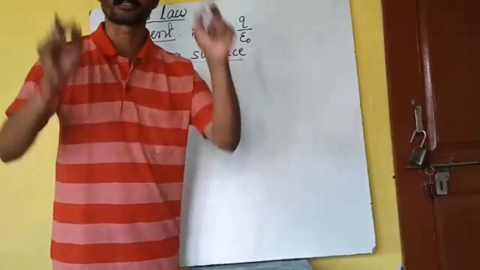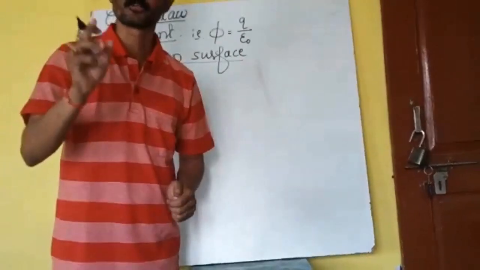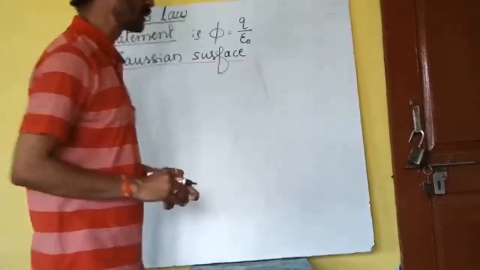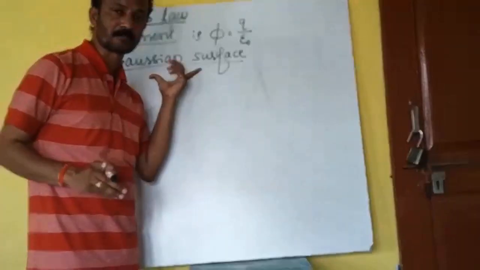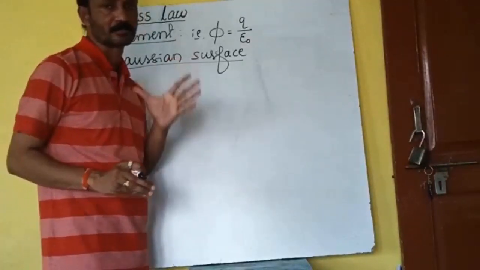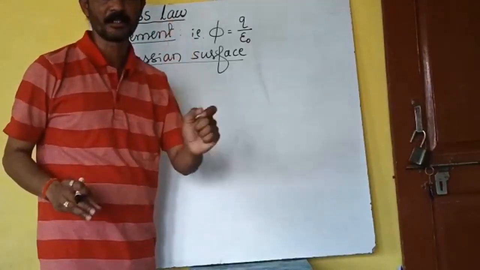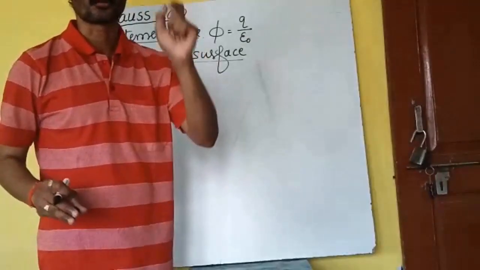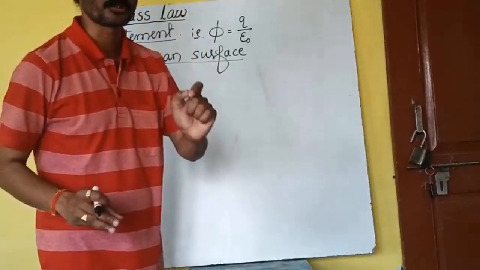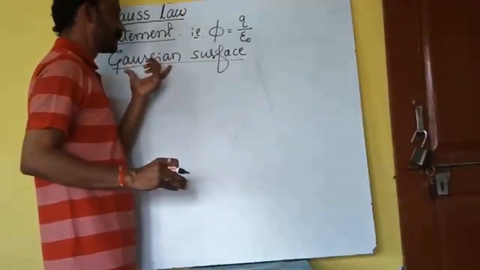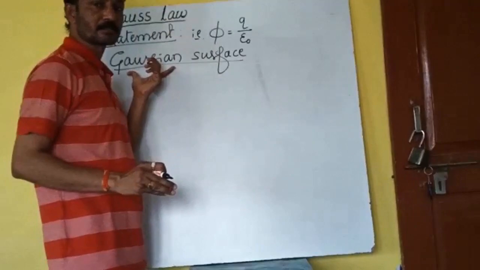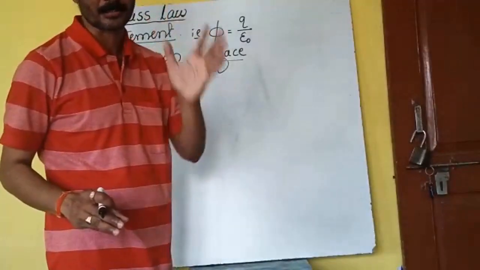Any hypothetical closed surface enclosing a charge is called a Gaussian surface of that charge.